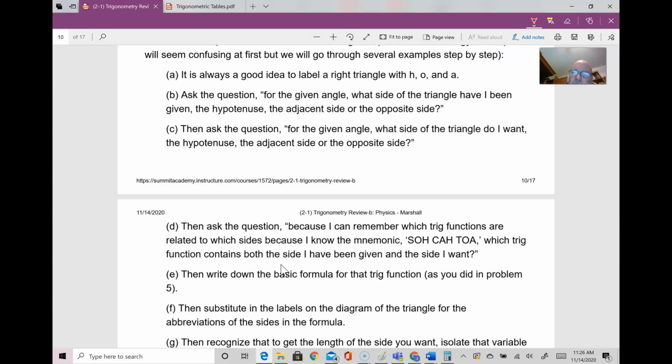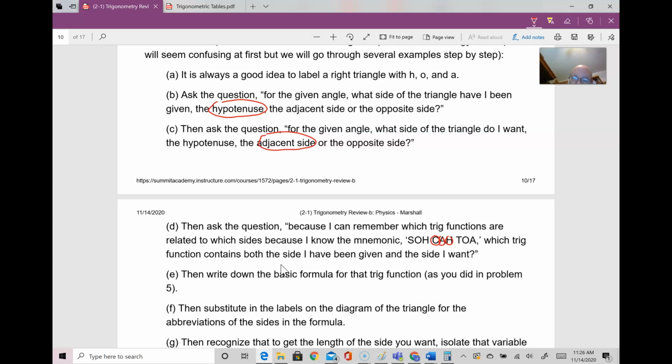So if, for example, I was given the hypotenuse and I want the adjacent side, because I know my mnemonic, I know adjacent and hypotenuse are associated with cosine.